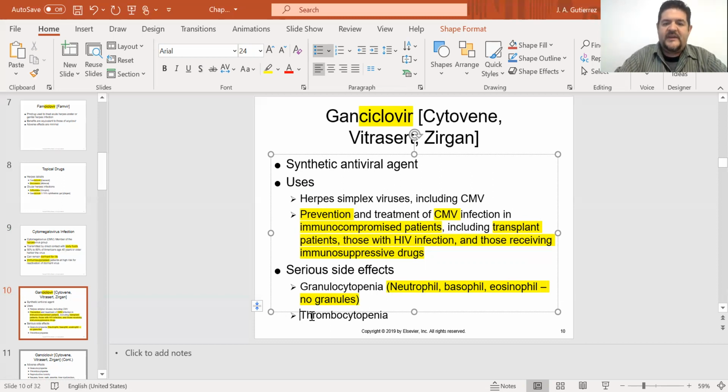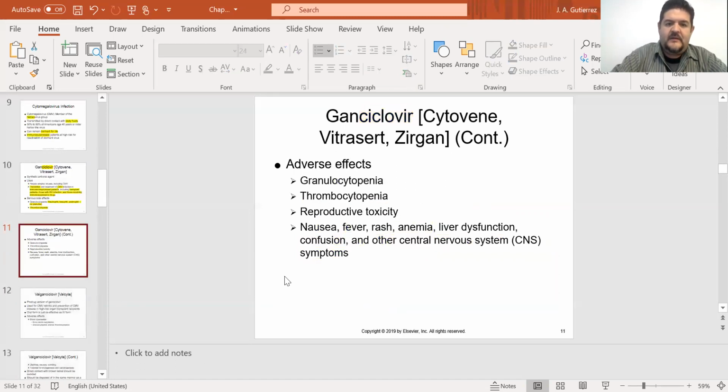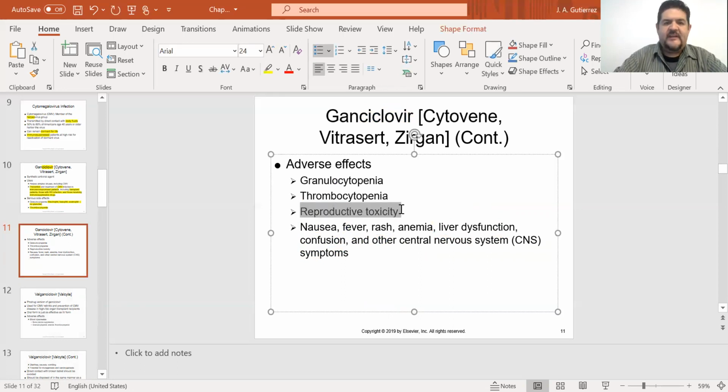And thrombocytopenia, lack of platelet cells. So the patient is going to have skin bleedings. And we mentioned the two most common names you're going to be hearing: petechiae and purpura. Also, ganciclovir causes reproductive toxicity, especially in male patients.